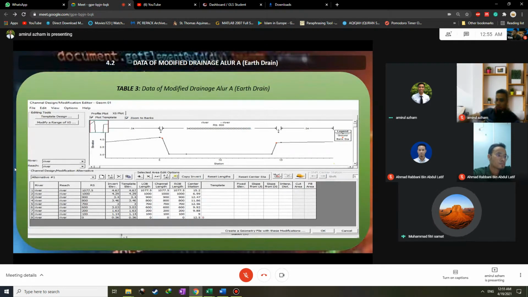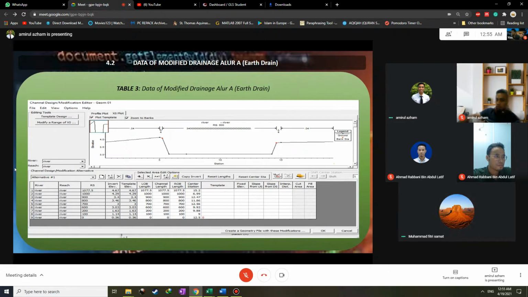Okay, next. This is the data modification for drainage. After we put the information in the software, we have to modify it manually so that the water can flow fluently. This picture that you see is the channel design modification editor.